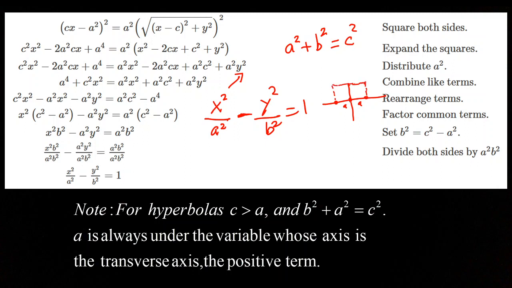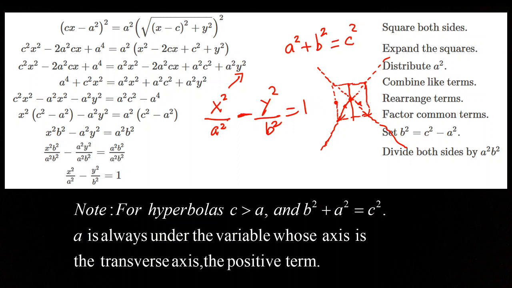See, once we have a and b, we can draw this rectangle, right? And now once we draw the rectangle, we draw the, what do we call those? Did you say asymptotes? Yes. These are the asymptotes. And since the transverse axis is on the horizontal axis, we know this is going to look like this.